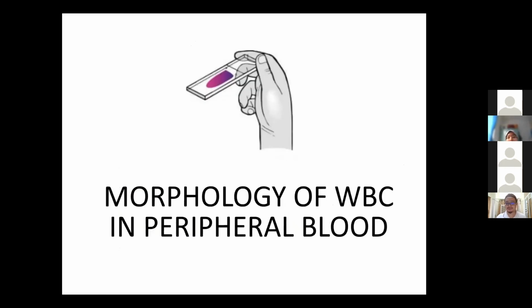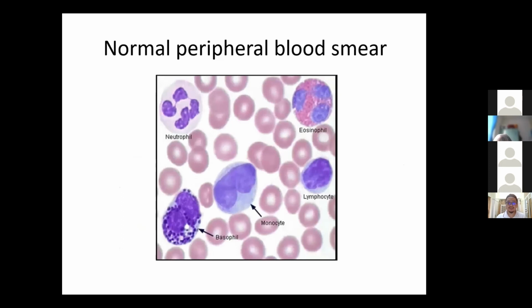Now, morphology of the WBC. What are the abnormal WBCs? So this is the normal. You see the neutrophils with lots of lobes. You can see they sort of have bridges there, and then you see the eosinophils with lobes as well and orange-red cytoplasm with granules that can be seen.